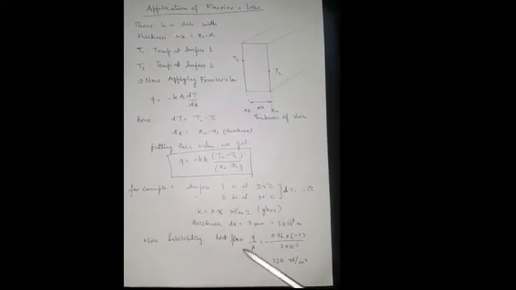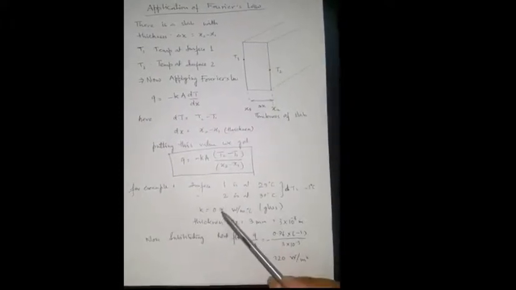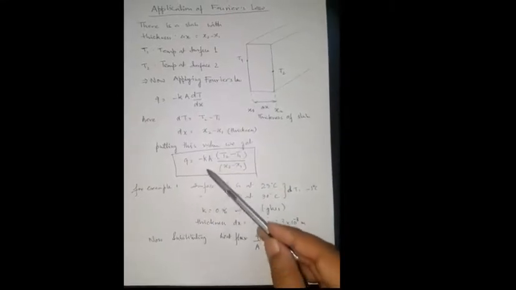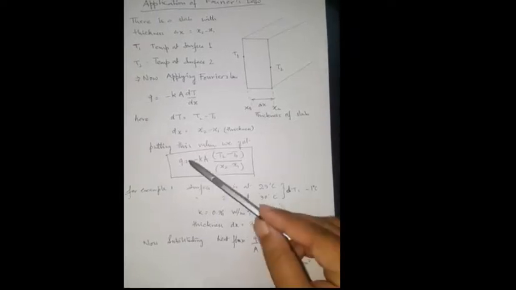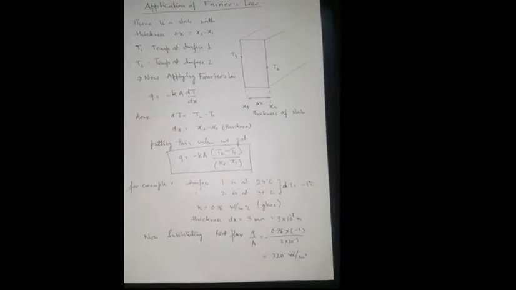Now substituting these values, K is 0.96, dt is minus 1, and dx is 3 into 10 to the power minus 3. A comes here as heat flux. It is the heat transfer rate, and when A comes down, it is called heat flux, heat transfer rate per unit area. Now the answer comes out to be 320.